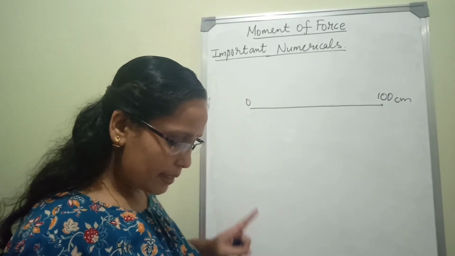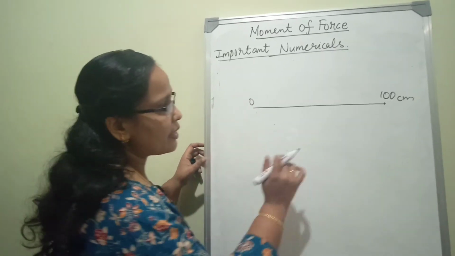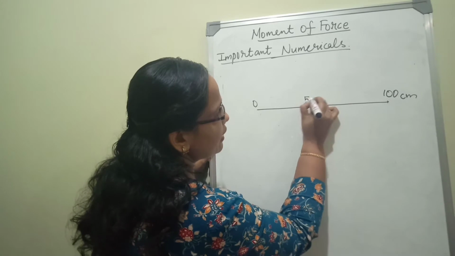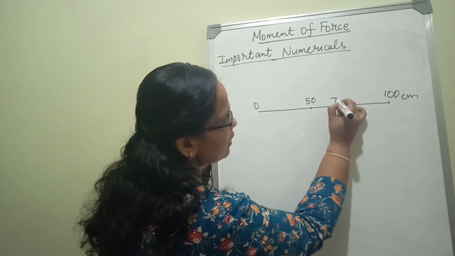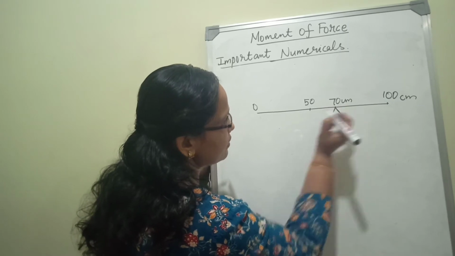The scale can be balanced at the 70 centimeter mark. Somewhere in between, 50 will come, and at 70 centimeter we have to balance.